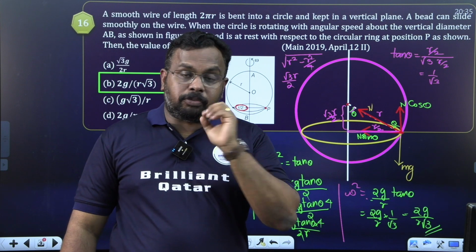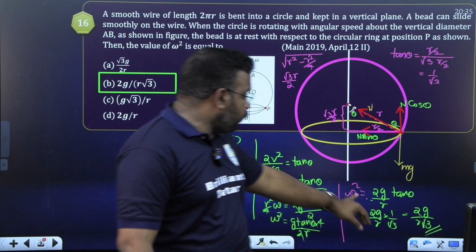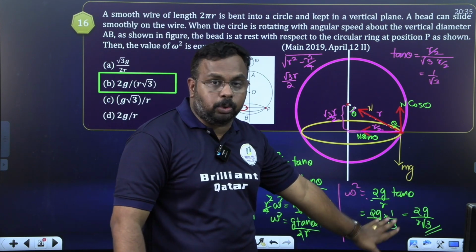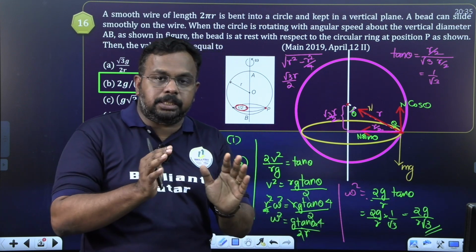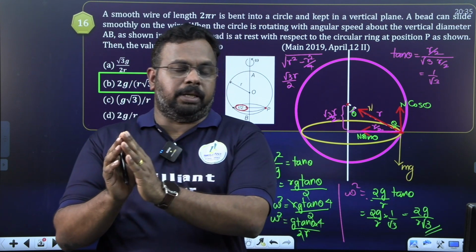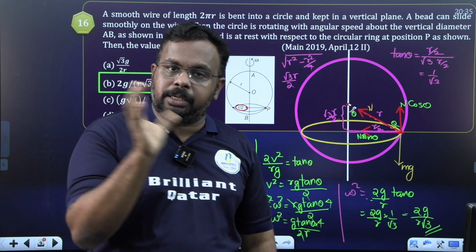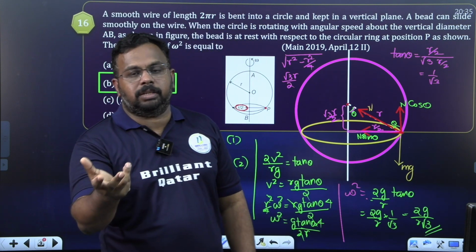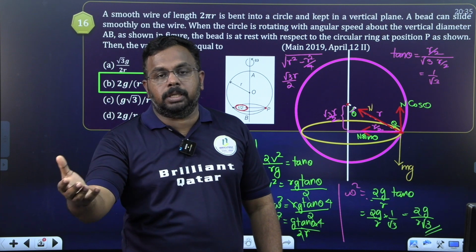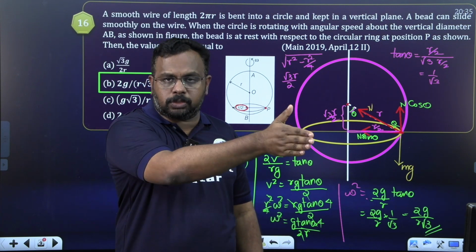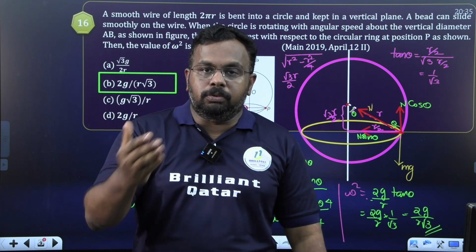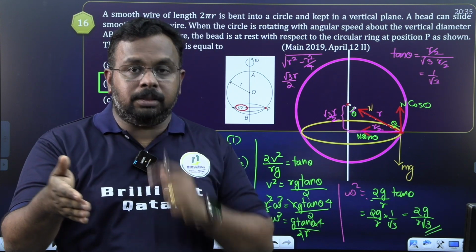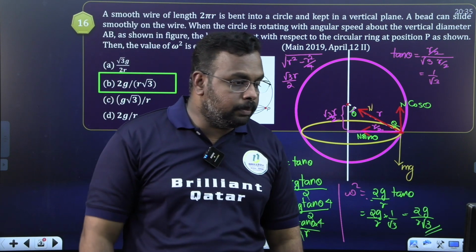So from here, what you understood is, if you are rotating with this much angular velocity, it will come to rest. Now the concept is, at that velocity, it needs some centripetal force. So that centripetal force is provided by the weight of the bead. So the weight of the bead is being completely utilized for providing the centripetal force and for the normal reaction. That concept only we are using here.